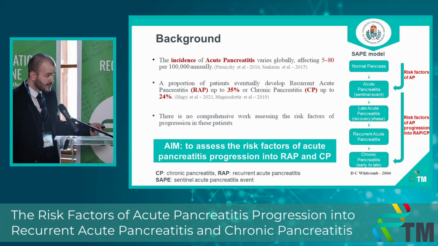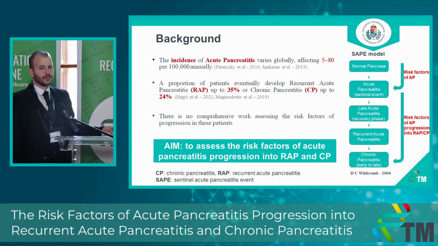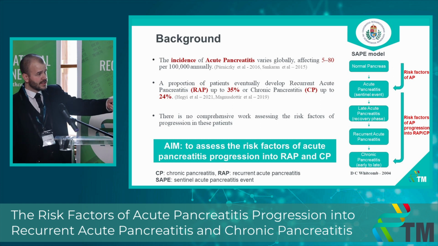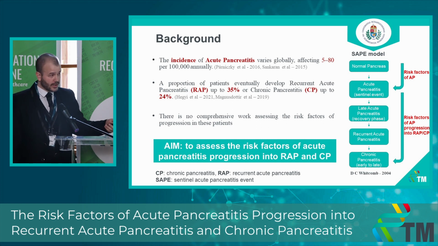Therefore, our aim is to comprehensively assess and objectify all the risk factors that can contribute to the progression of acute pancreatitis. We aim to identify risk factors at this stage, specifically focusing on factors that contribute to acute pancreatitis progression rather than risk factors for acute pancreatitis itself.